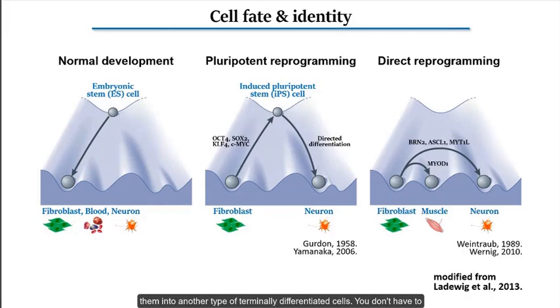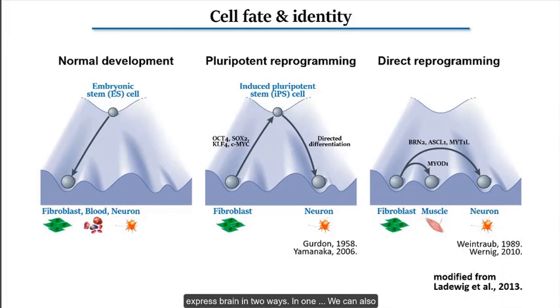You don't have to go to the iPS cells and come down the hill, and this saves you a lot of time, because that step, as I mentioned, takes the most time, about a year or so. So this way you can overexpress lineage-specific transcription factors like MyoD. When you overexpress MyoD in fibroblasts, it gives rise to muscle cells. You can express Brn2, Ascl1, Myt1l, and you can also convert fibroblasts directly into neurons.